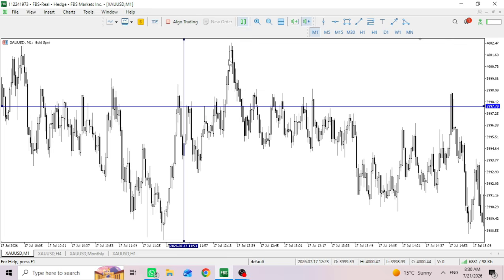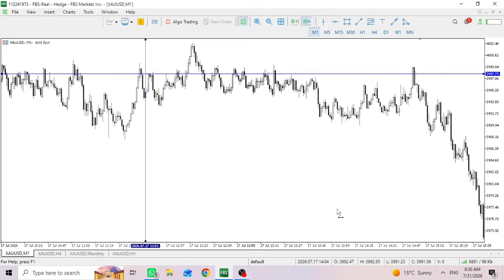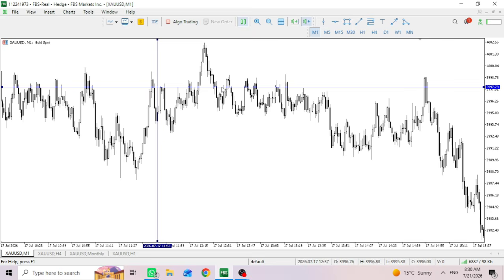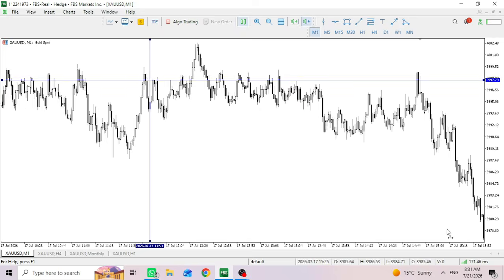This was a manipulation move, and you can see the high of the first 10 minutes after this manipulation. The market tried to break the first 10 minutes, got taken down, tried to break it, taken down, tried again, taken down. Even this big move here pushed again to the high of the first 10 minutes, and then boom, selling the market.